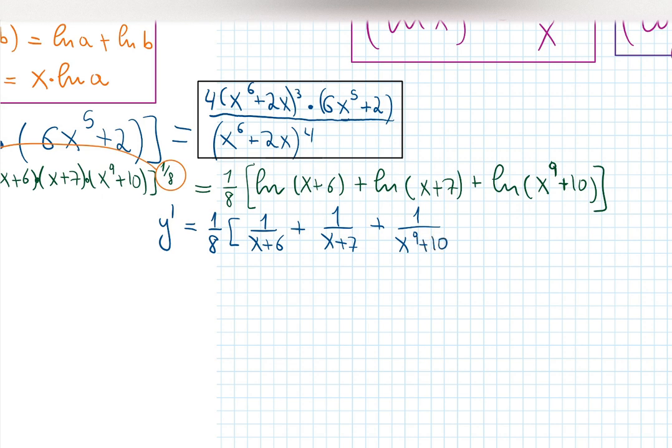Did we lose anything or not? Well, every time I was differentiating each log, I actually was using chain rule. I had 1 over x plus 6 times the derivative of the function inside, which gives me 1. 1 over x plus 7 times 1. 1 over x to the 9 plus 10 times the derivative of the function inside, which is not 1 anymore. It's 9x to the 8 plus 0. And this is the answer.